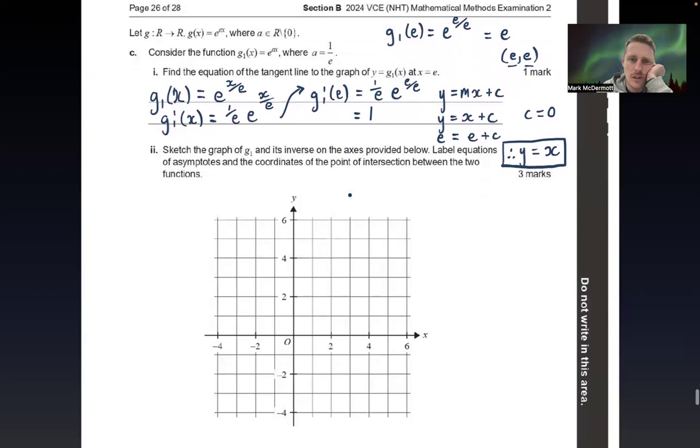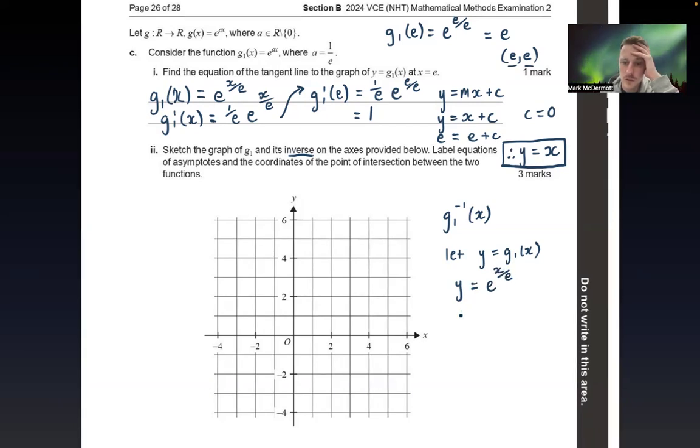Sketch the graph of g1 and its inverse on the axes provided. Label the equations of the asymptotes and the coordinates of the point of intersection. Okay, let's find the inverse because it says we need to graph its inverse. So g1 inverse of x. Let y equal g1 of x, so y equals e to the x on e.